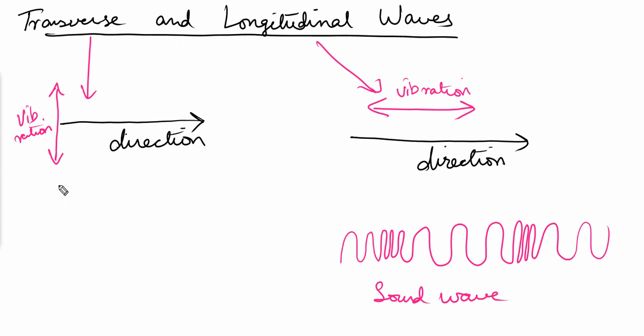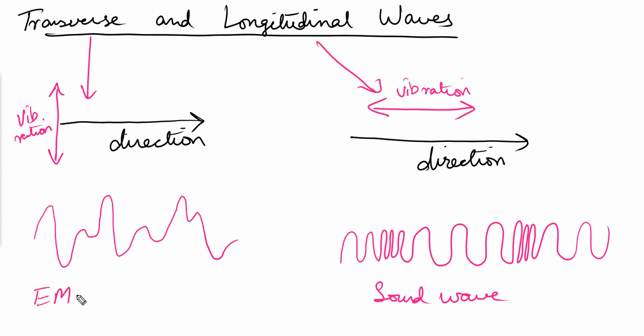And for the transverse wave, we can see the change in the amplitude. So let's suppose a wave is going like that. So this change in amplitude can be considered to be in the transverse waves. And for example purposes, we can say that all the electromagnetic waves are transverse waves, because electromagnetic waves are produced when the direction of vibration is perpendicular to the direction of the wave itself. Okay, so this is it for the transverse and longitudinal waves.